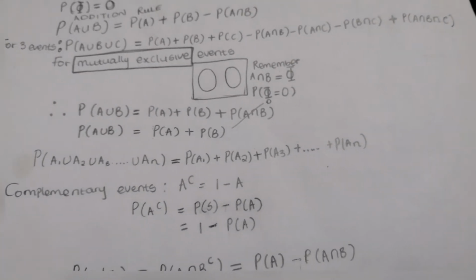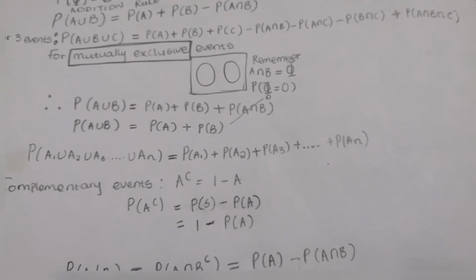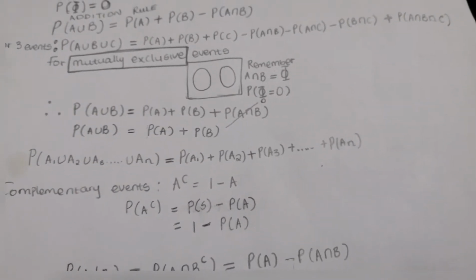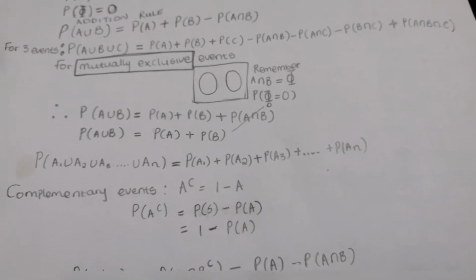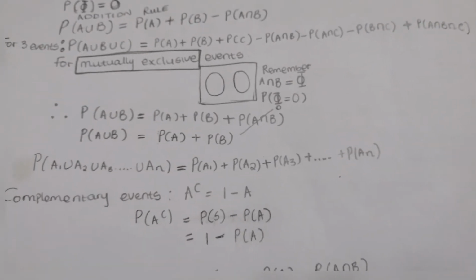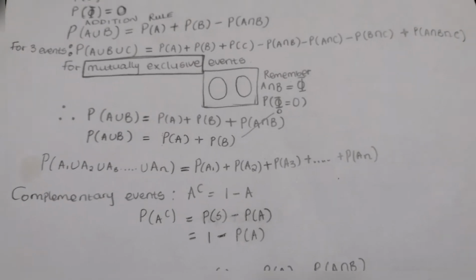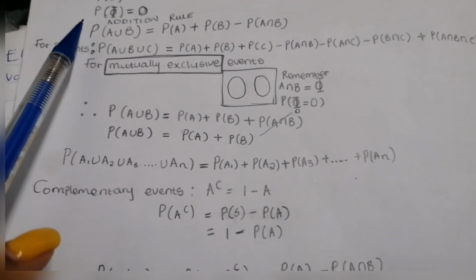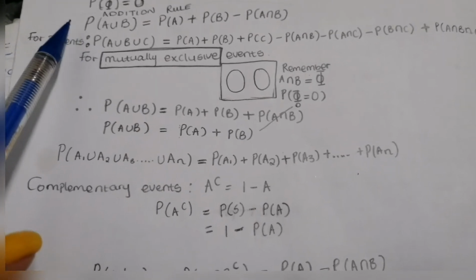And for 3 events, that is the formula that we use on the screen. This is the standard addition rule, guys.